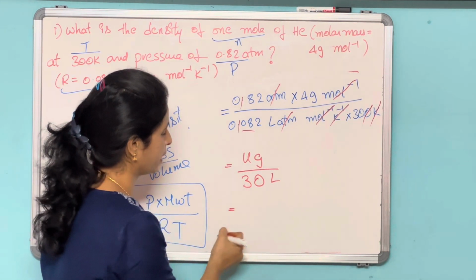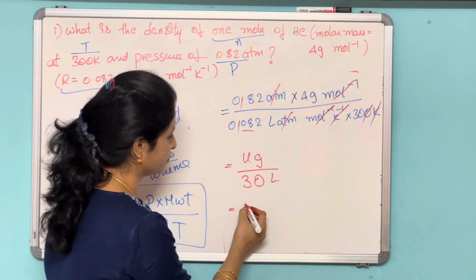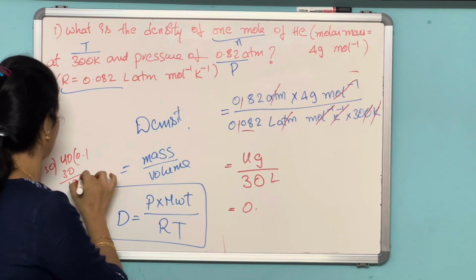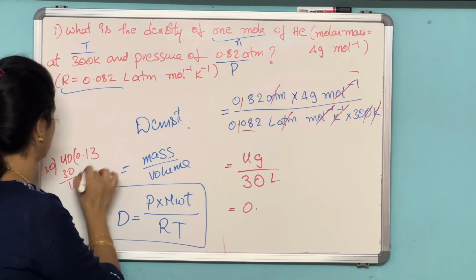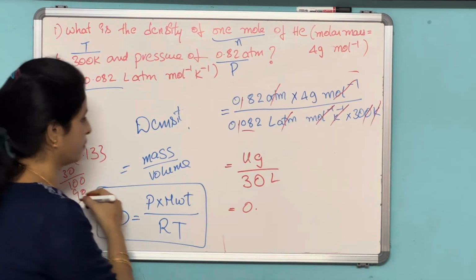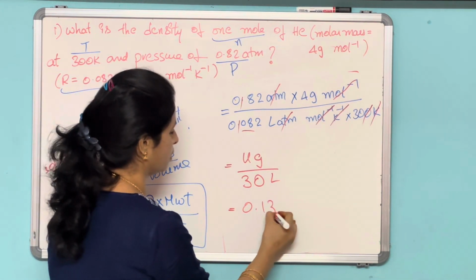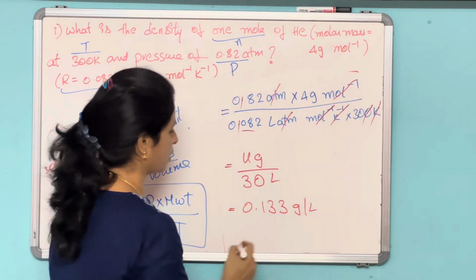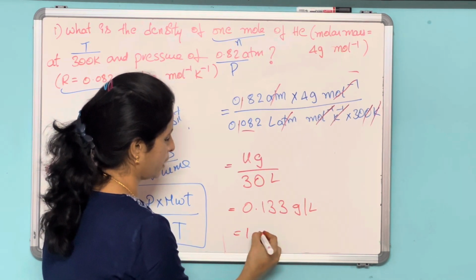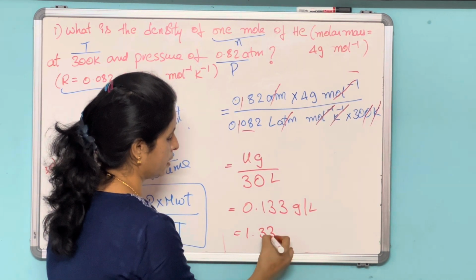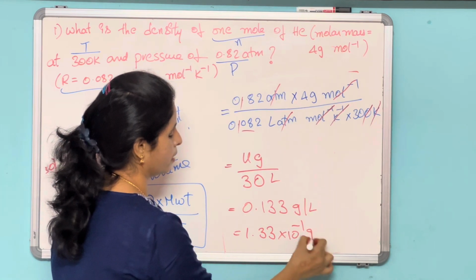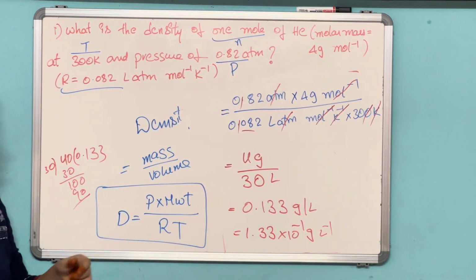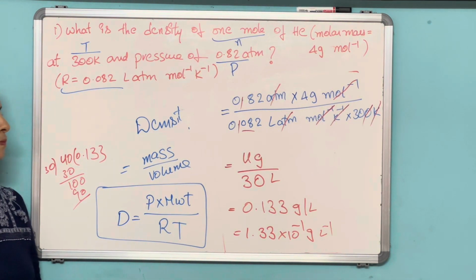So 4 by 30 means it will be 0.133 grams per liter or 1.33 into 10 power minus 1 grams liter inverse. Whatever it may be, depending upon the option given, you can simplify this one. Okay.